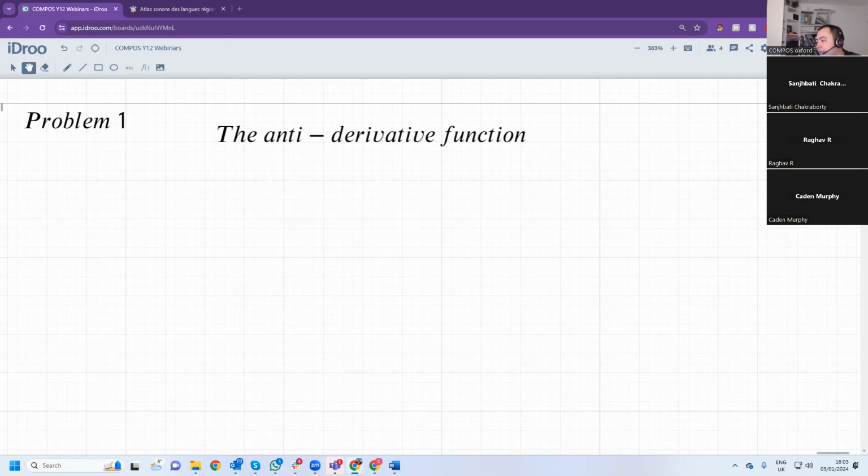Has anyone done integration by substitution? Okay. Ah, nice. Integration by substitution. Integration by parts.